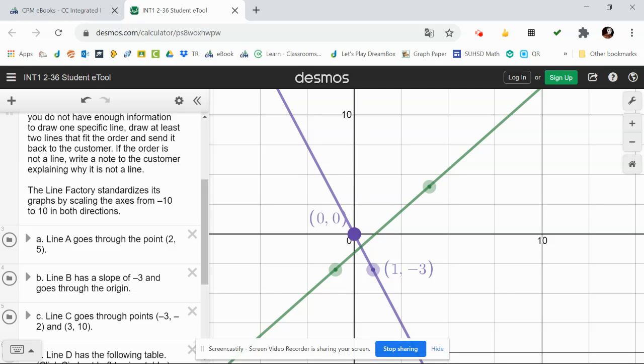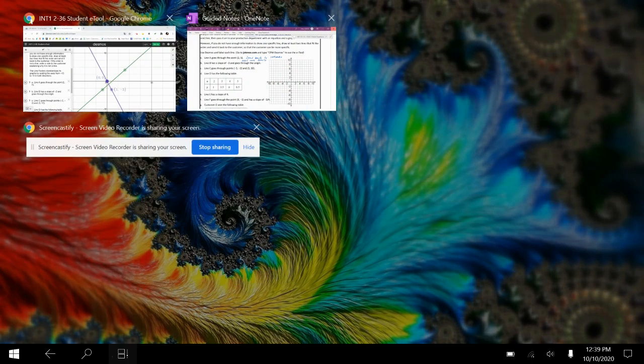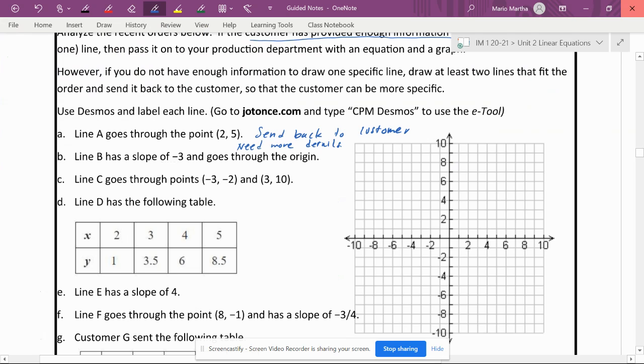Is there going to be more than one line that we can draw from there? It goes through the origin and it also goes down 3 and then 1 to the right. In this case, this is the only line that you actually draw there. So this is sent to production because it's good. We have enough information.